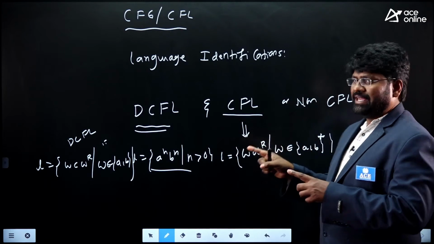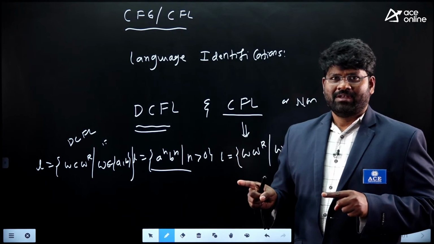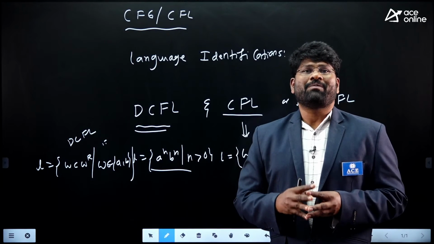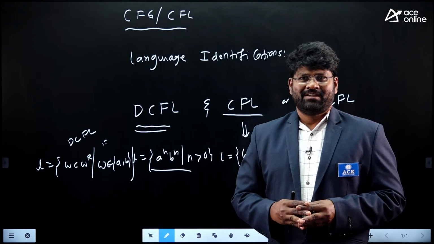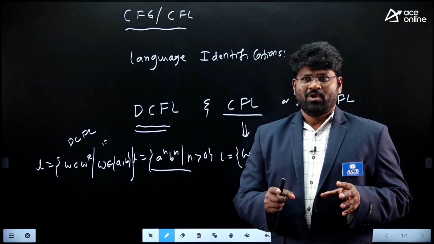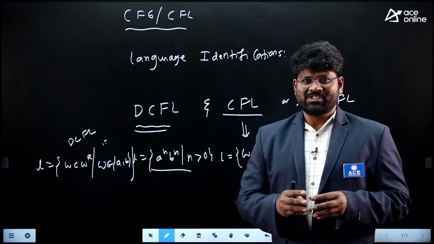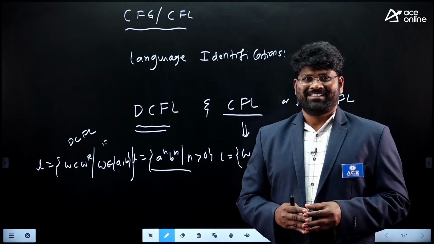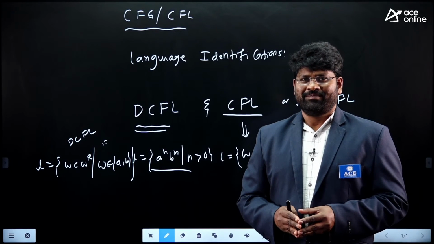The main points to recognize in CFLs: focus on closure properties. You should be good at learning the closure properties of CFLs and of DCFLs. Both are very, very important.